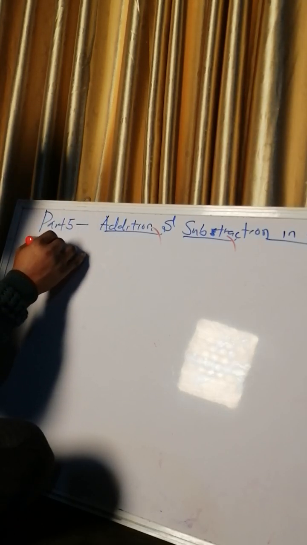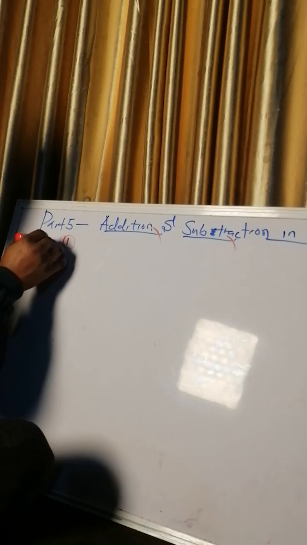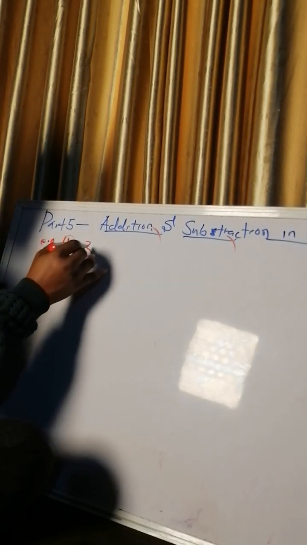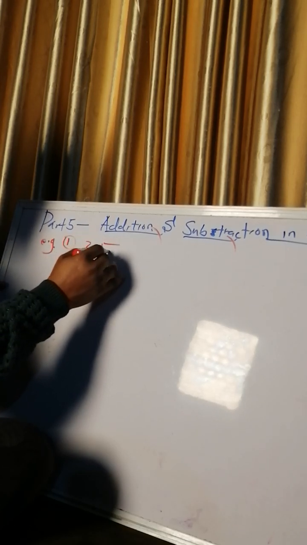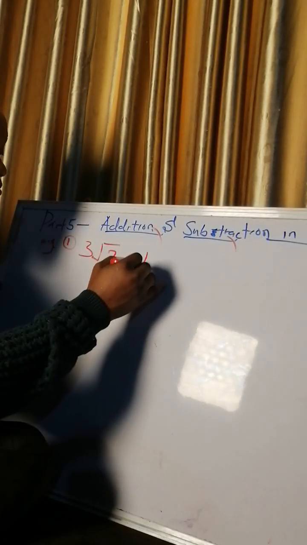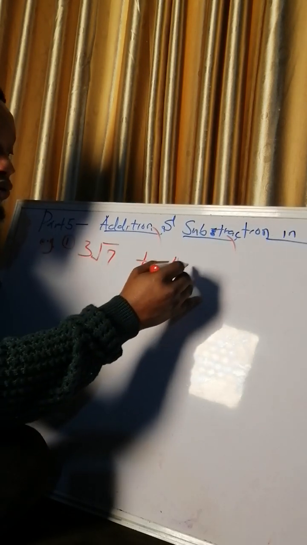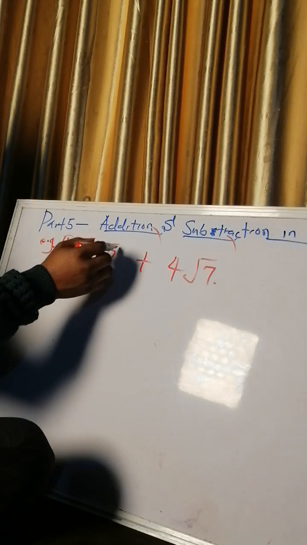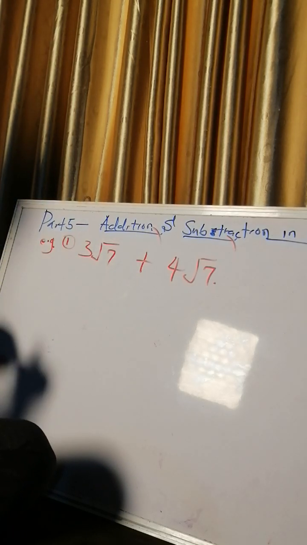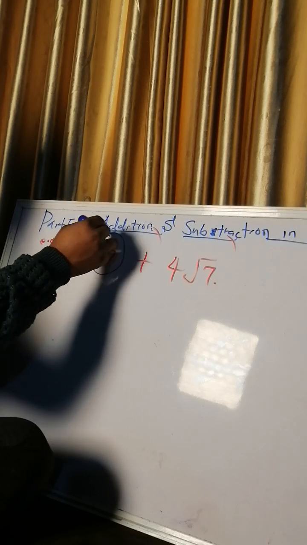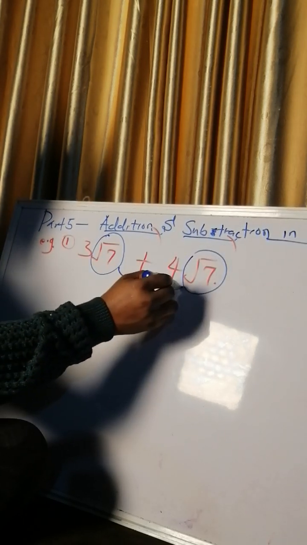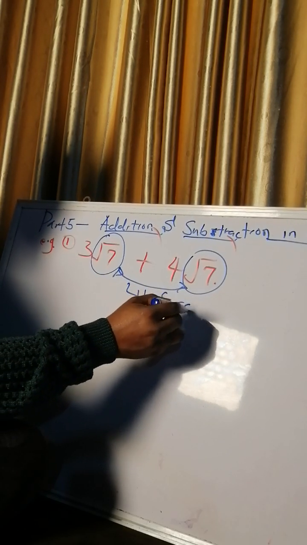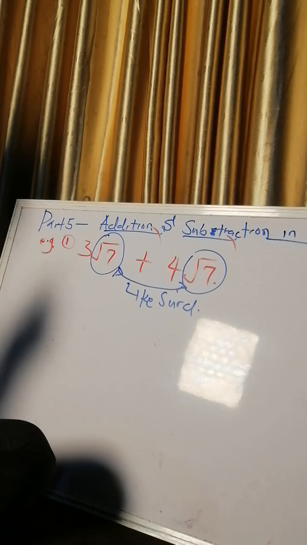So let's say example 1: 3 root 7 plus 4 root 7. Because this is the like sort that I'm talking about, it means that I can add them. So what do I need to do?